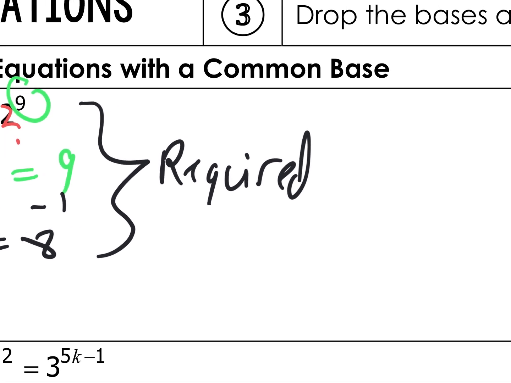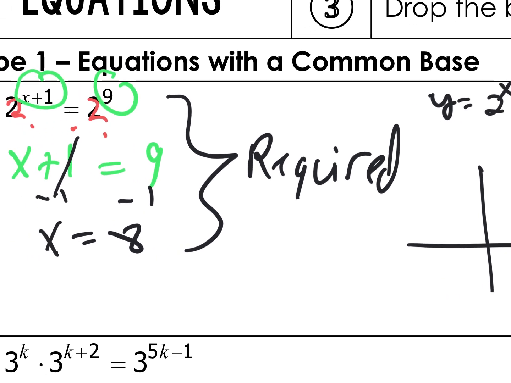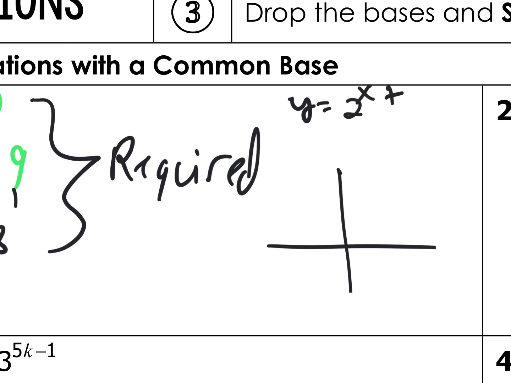I used the calculator, typing in y equals 2 to the x plus 1 minus 2 to the 9, to check my answer. Try to remember how it looked.